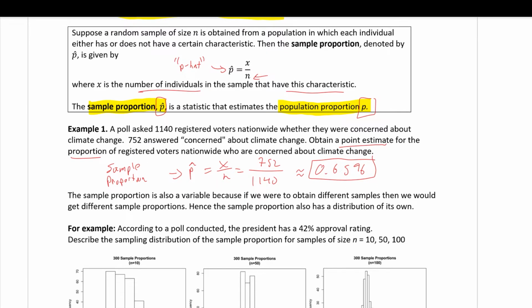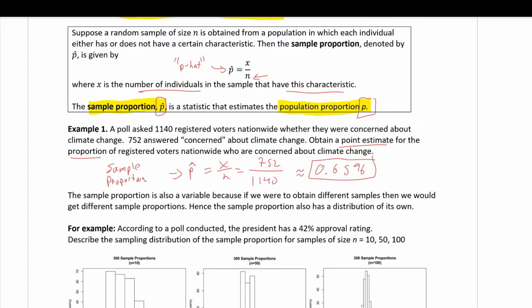So a sample proportion is a calculation done on a sample. Now, from sample to sample, if you asked another 1,140 registered voters, maybe a different group, do you expect exactly 752 to be concerned about climate change? Well, I don't expect exactly that. It should vary from sample to sample.